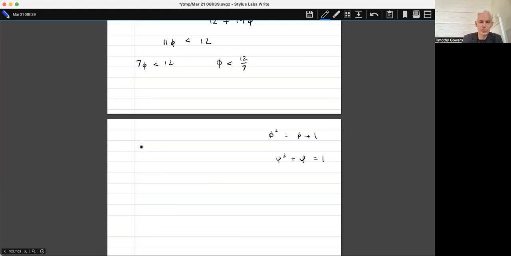So if my invariant now is going to be the sum over all chips of psi to the x plus y, this is again back to the 3 by 3 case. What happens when I do a move that goes in an outward direction? Say I started from 0, I'd replace 1 plus psi by psi squared.